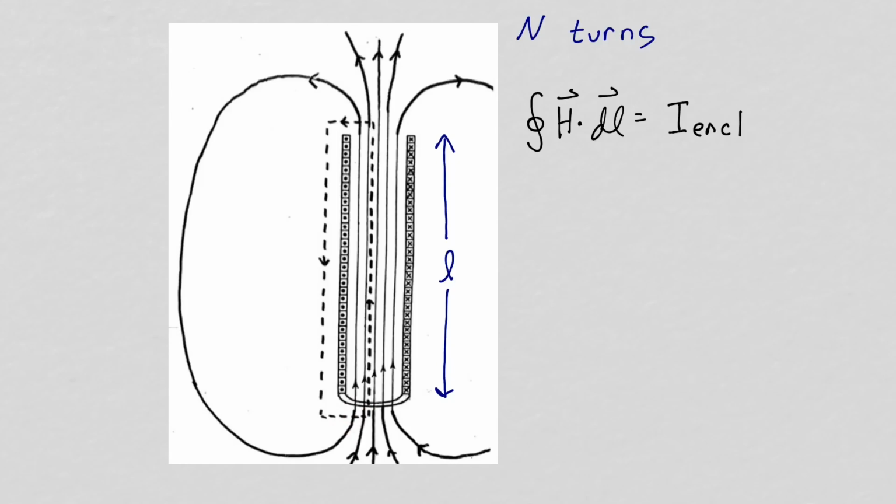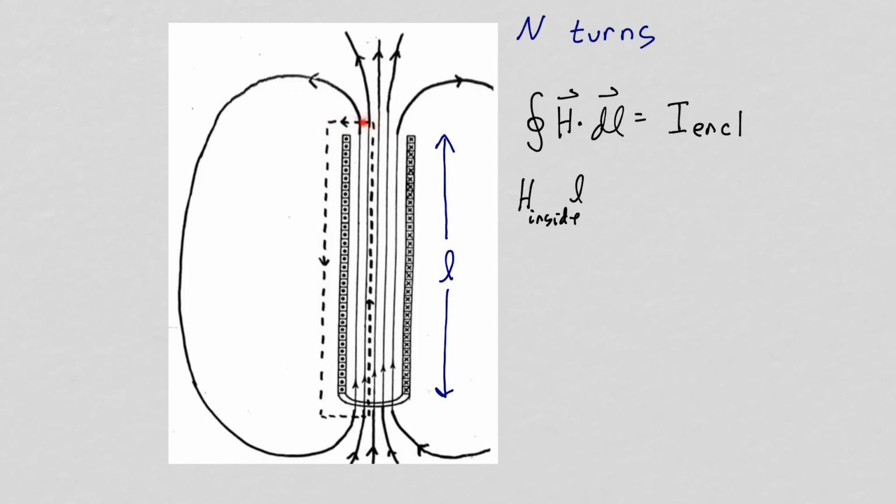So ignoring the fringing along this first distance L, we have H inside times L. Now, on these two sides of our Amperian loop, the distance is small, so there won't be much contribution. Plus, essentially, dl is perpendicular to H along most of this path, so H dot dl is going to be close to 0. So we can ignore contributions from these two short sides.